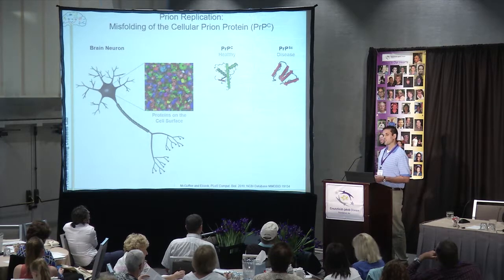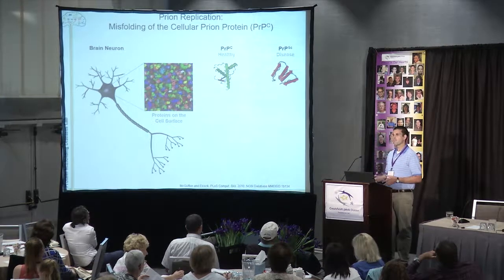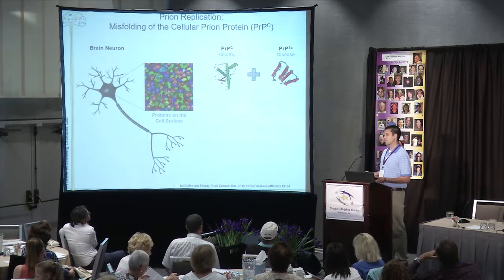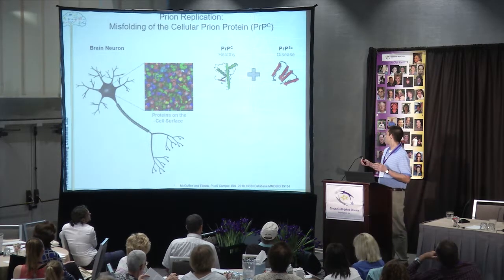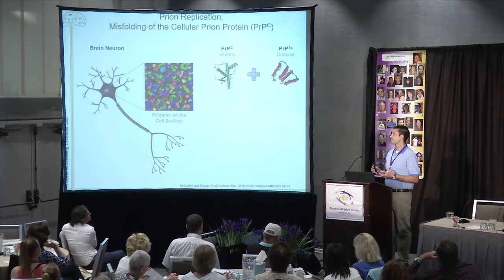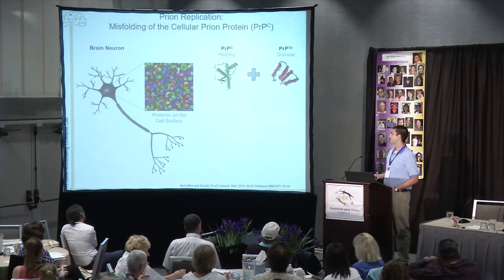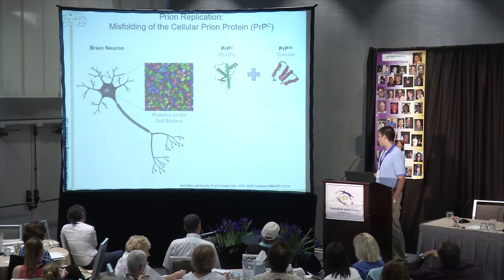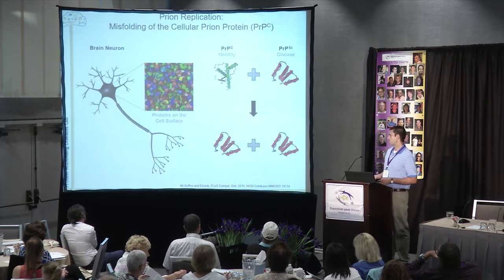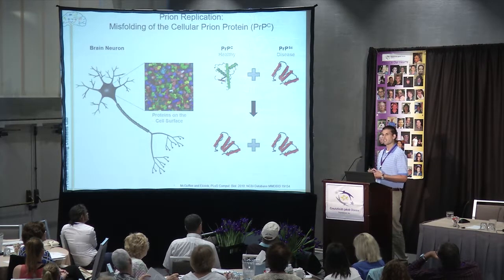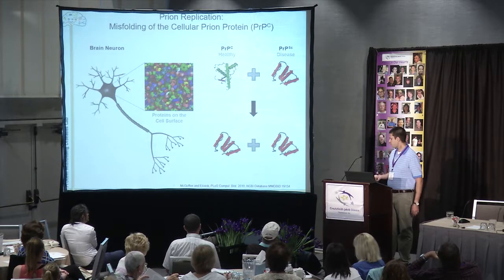And when you have PrP scrapie introduced to the brain, you have this very simple mathematical equation of PrPC plus PrP scrapie. These two molecules will interact with one another, and PrP scrapie will convert PrPC to this disease-associated shape. And you end up with two molecules of PrP scrapie. This is basically a cyclic process that's ongoing throughout prion infection.